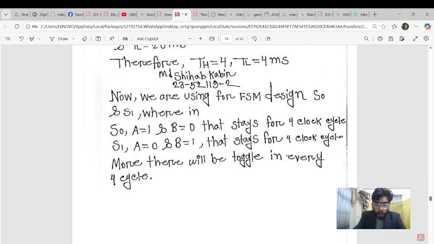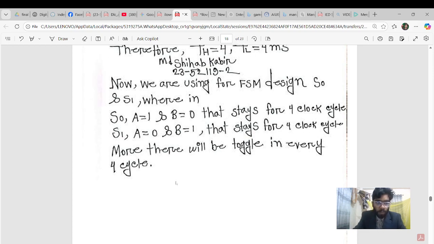We are using a finite state machine design with S0 and S1, wherein in S0, A equals 1 and B equals 0, which stays for 4 clock cycles. In S1, A equals 0 and B equals 1, which stays for 4 clock cycles. There will be a toggle every 4 cycles.